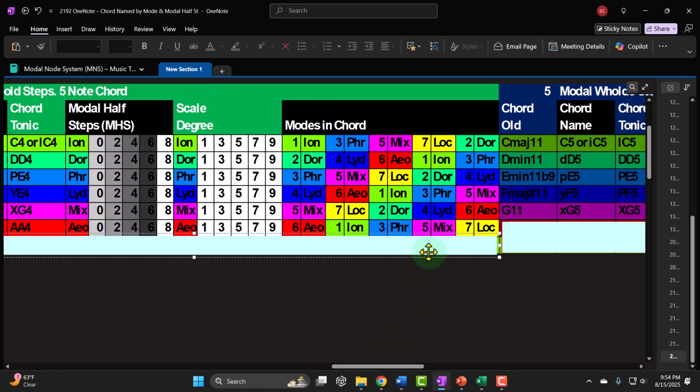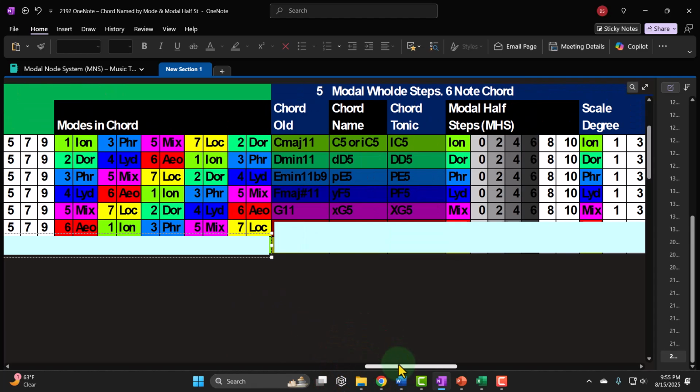We left off last time on the 5 note, adding another 2 to the 7. That means this 7, or the Locrian node, is the 8 modal half step distance, or the 9th scale degree, which is equivalent to the 2nd, which we named the chord after.